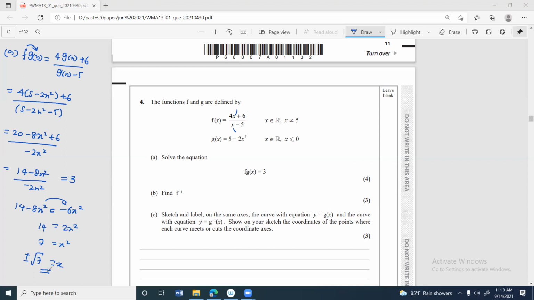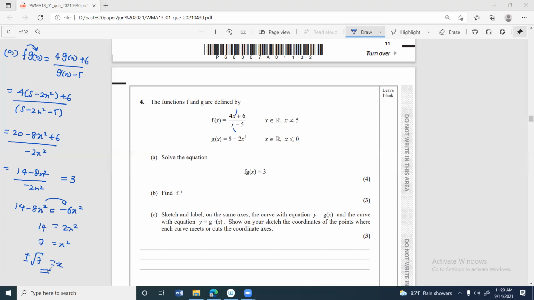And yeah, when you're working this out, did I make a mistake? 3, and it's minus 6x squared. We brought it here, it's 14.